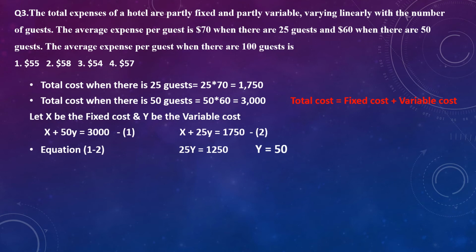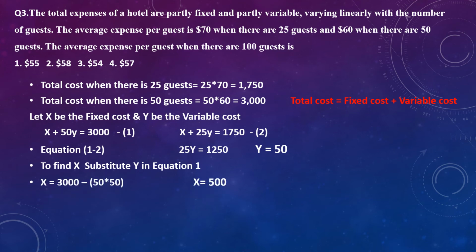So we can easily find x also. We can substitute it in equation 1. To find x, substitute y in equation 1. Equation 1 means x plus 50y is equal to 3000. So x is equal to 3000 minus 50y, that is 3000 minus 50 into 50, since y is already found as 50.